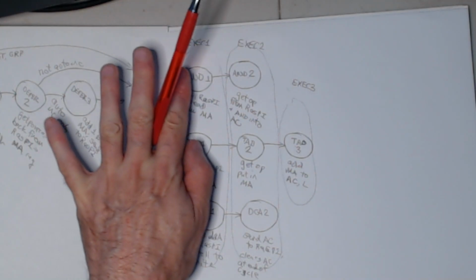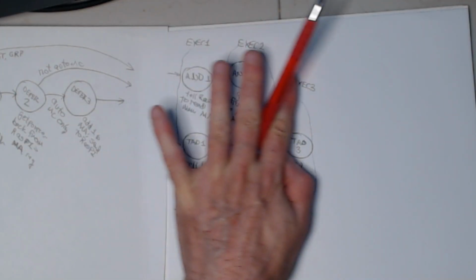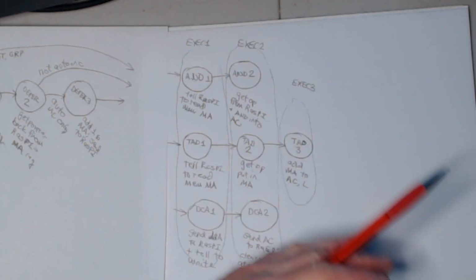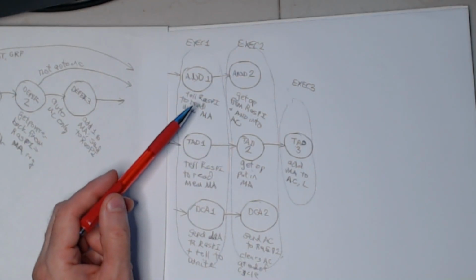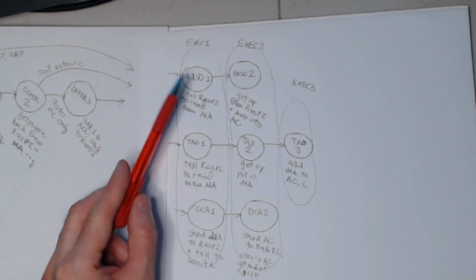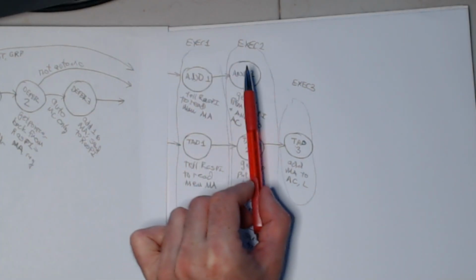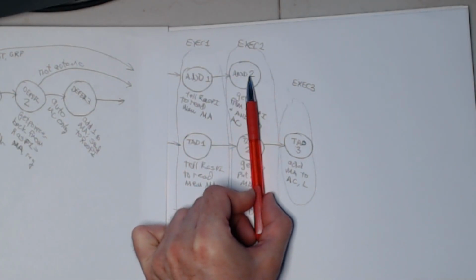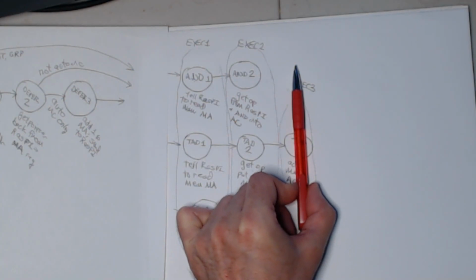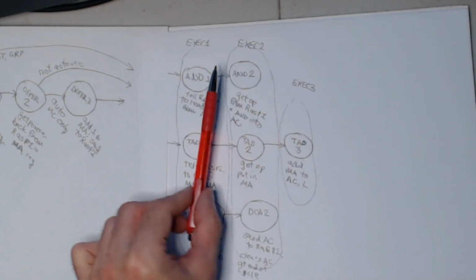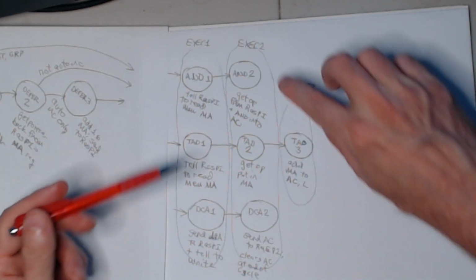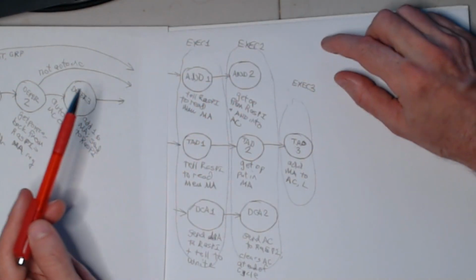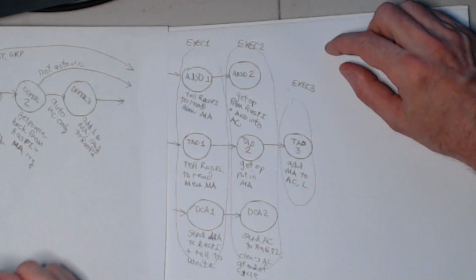So it's easier just to use one flip-flop for each of these 3 states, and then have some decoding with a couple of gates on the output saying, okay, we're going to generate what control signals to the Raspberry Pi for exec 1, what control signals for exec 2, and what control signals for exec 3. Okay, so that's how it works. Using just 3 flip-flops saves a lot of gates.